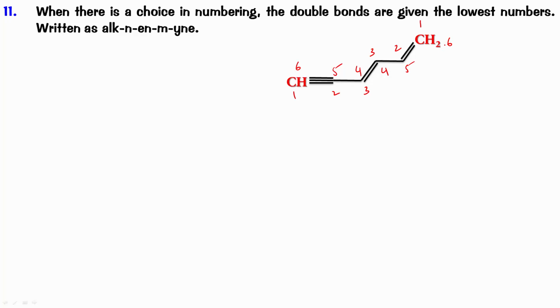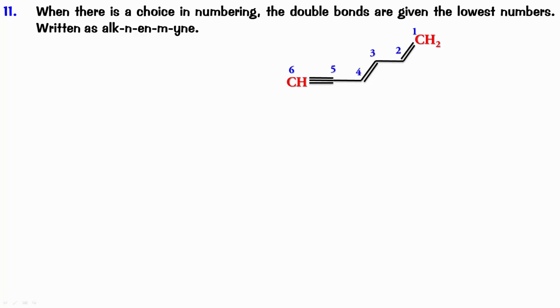Now if I go from the top, my first unsaturation is at 1, then 3, then 5. Go the reverse way, first unsaturation at 1, then 3, then 5. Now here I have a choice of numbering. Either way I get the same stuff. So I would prefer to give the double bonds the lowest number. So that means I'm going to pick up this numbering. So the numbering is done like this.